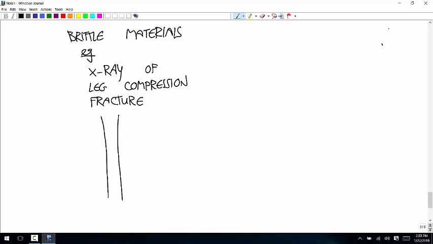That's the long axis of the bone. The compression happens this way, right? 45 degrees from that is like this, and that's what you see in a compression fracture.